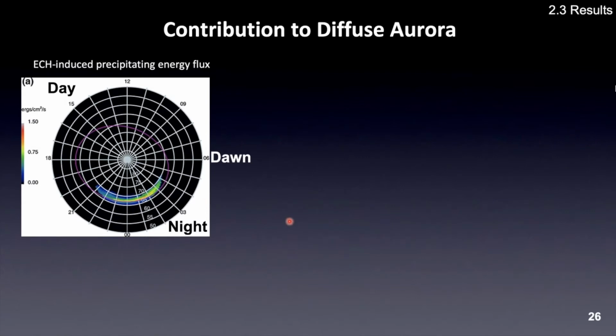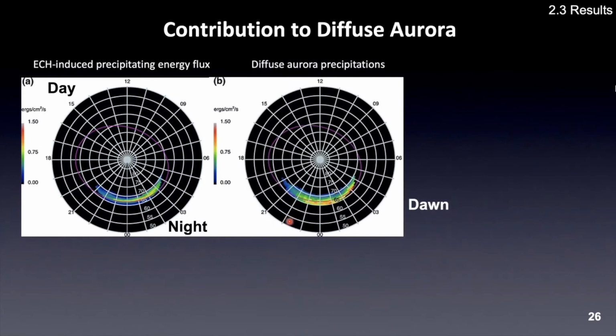Interestingly, we want to verify or validate this result, right? So we compare it with the previous empirical models of the diffuse aurora, which is plotted in this panel in a similar fashion. First we can see that these two share very similar spatial distribution in terms of latitudinal range and flux level.